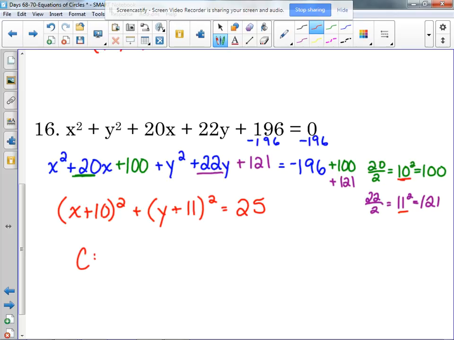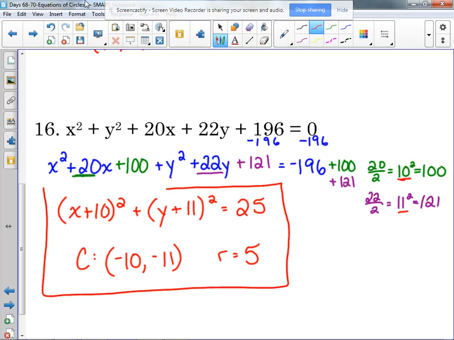Okay, so our center, change the signs: negative 10, negative 11. What's our radius? 5. Okay, so that's what you need to do with these problems. You need to write the equation. You need to find the center and find the radius.